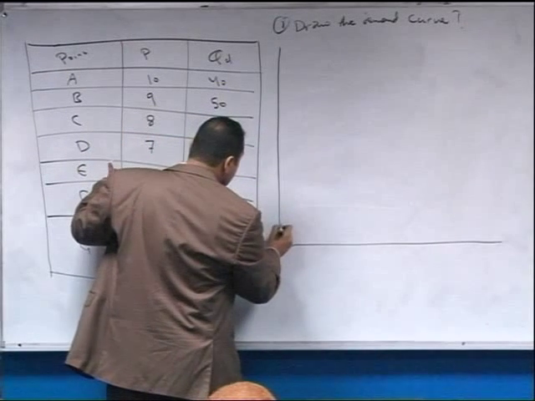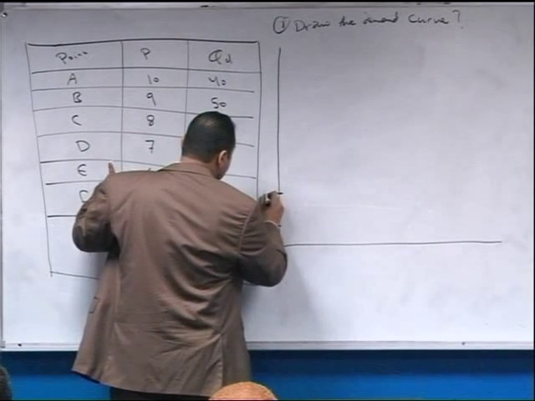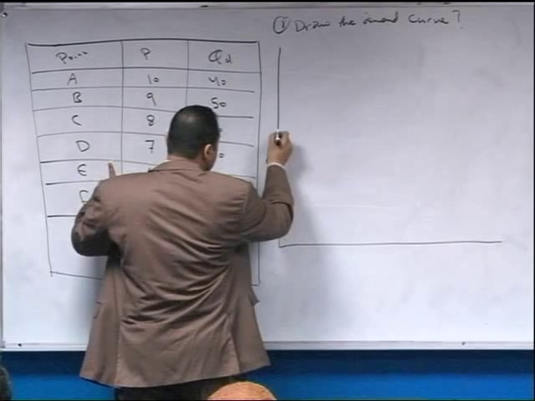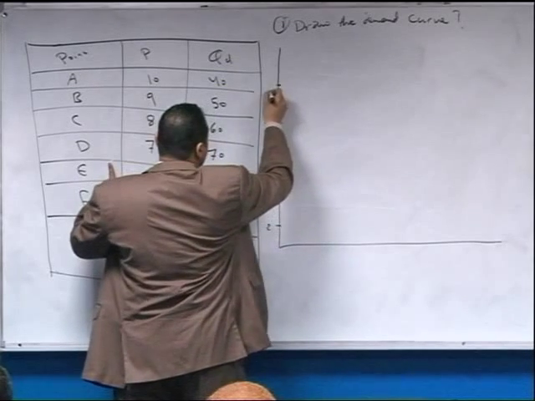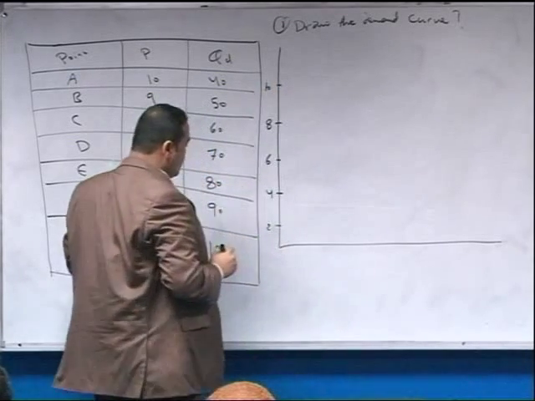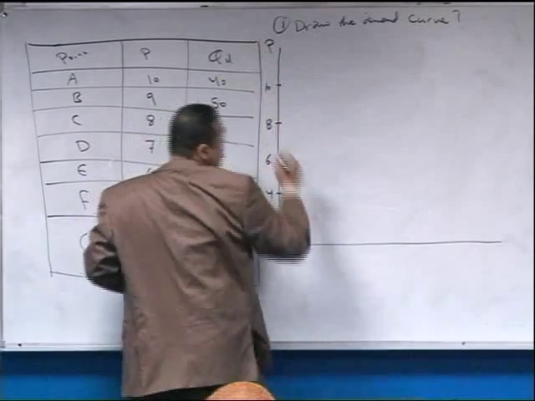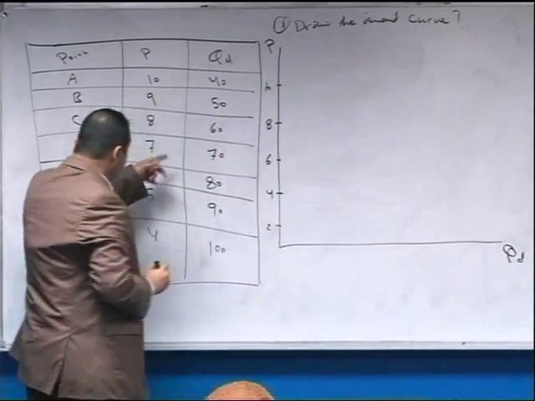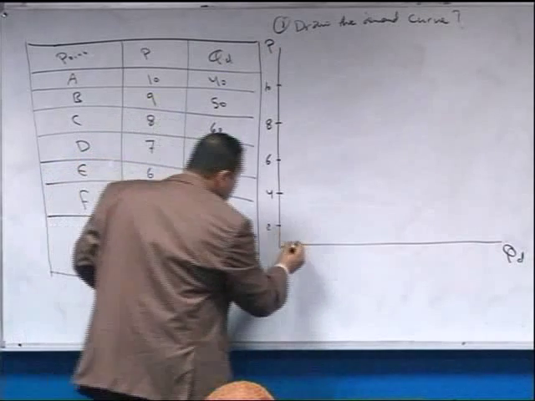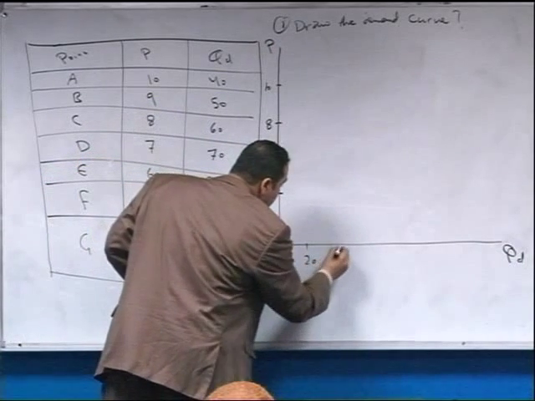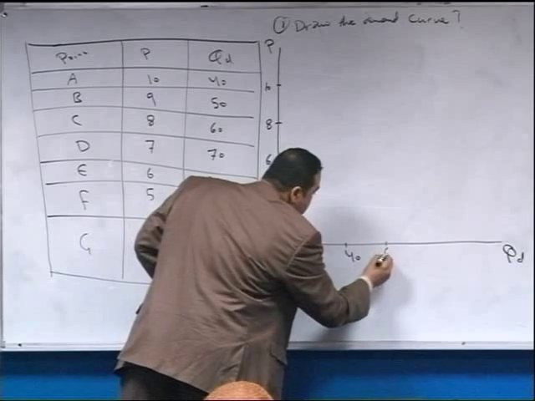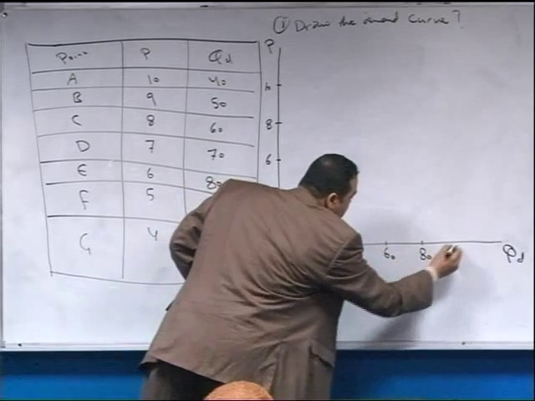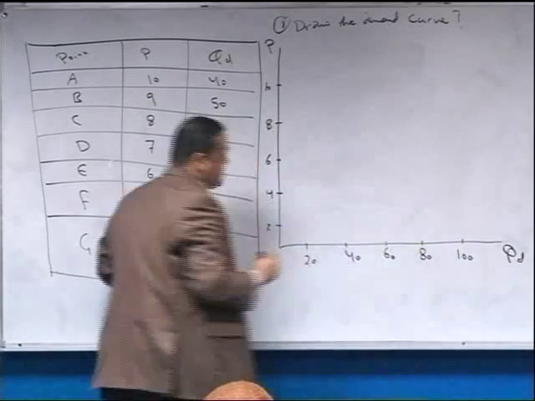Prices: 2, 4, 6, 8, 10. Quantity demanded: 20, 40, 60, 80, 100.